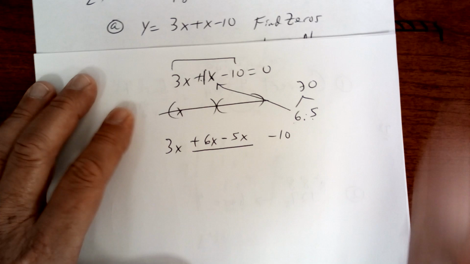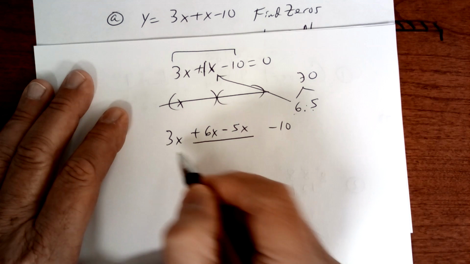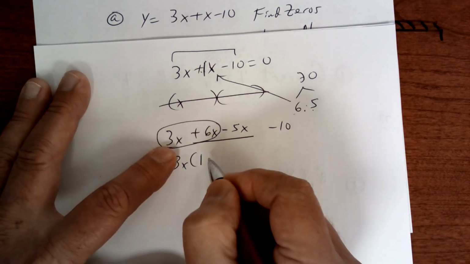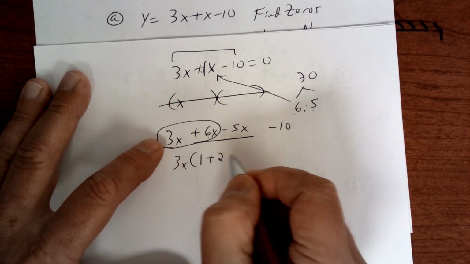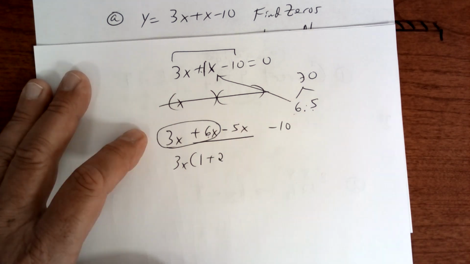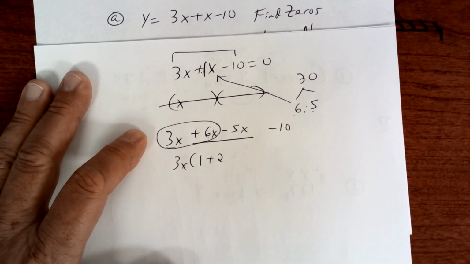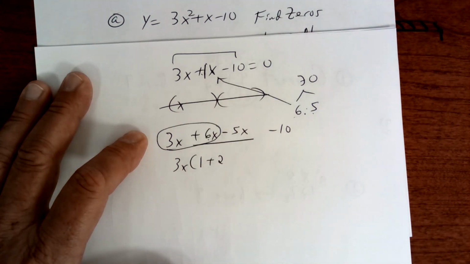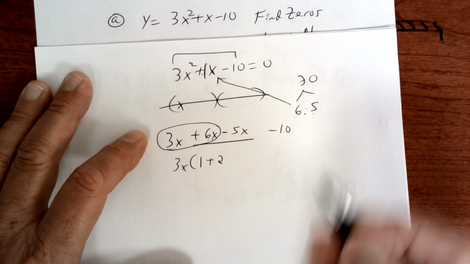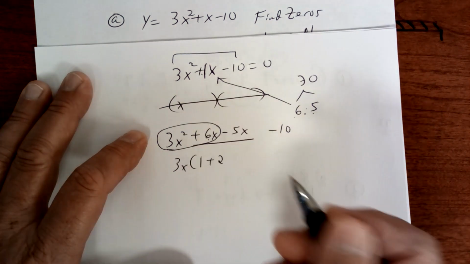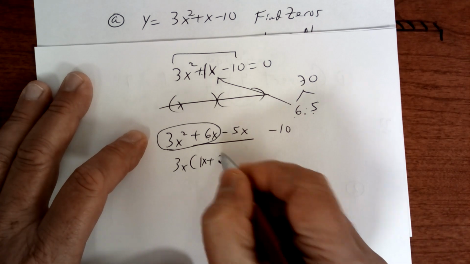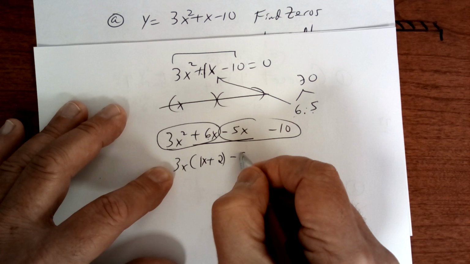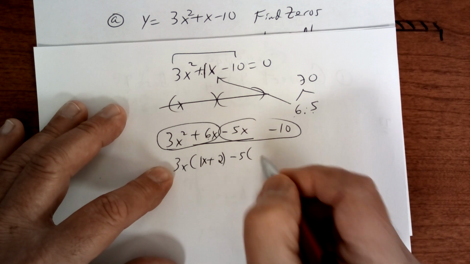Okay, remember these are the harder ones. So you're going to take out a 3 and an x, and you're left with x plus 2. This should be 3x squared. Okay, verify that. And then here we're going to take out a -5, and when we do, we're left with x plus 2.